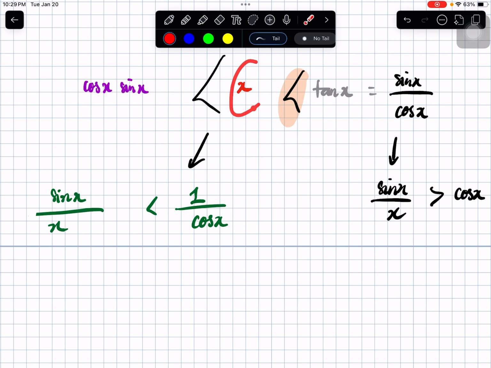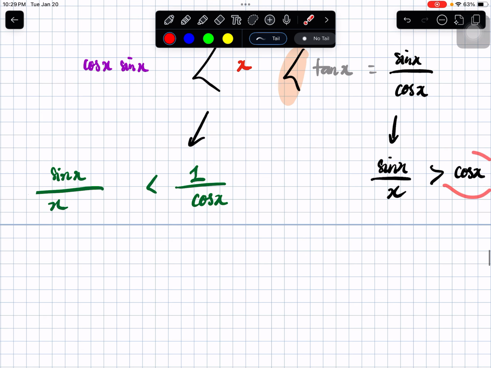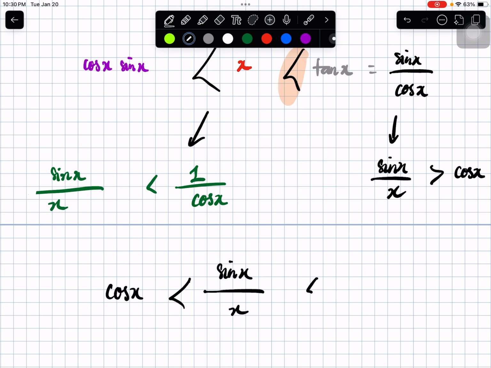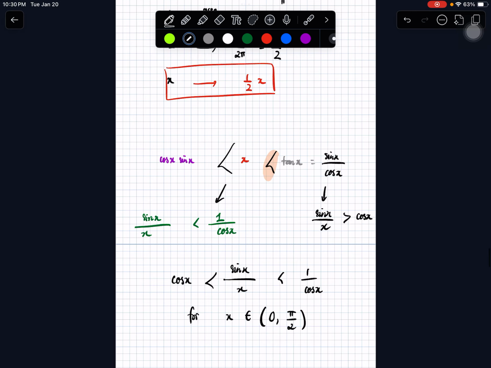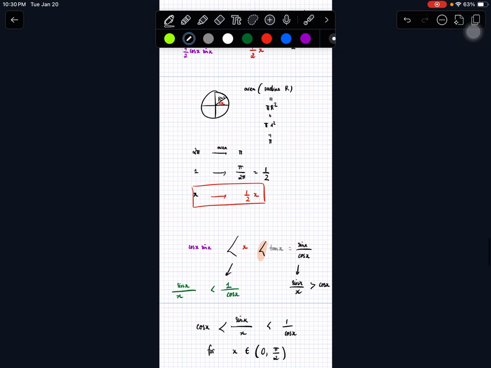You have 1 less than this, therefore sine x divided by x bigger than cosine x. So now combine the 2 inequalities. You have sine of x over x bigger than cosine of x and less than 1 divided by cosine of x, for the angle x between 0 and pi divided by 2. So that is the first case.